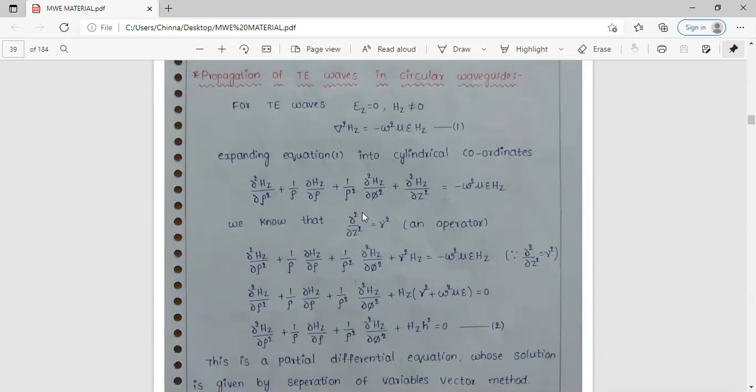Okay, so we know that dou square by dou z square is equal to gamma square. You can substitute that value in the above expression.